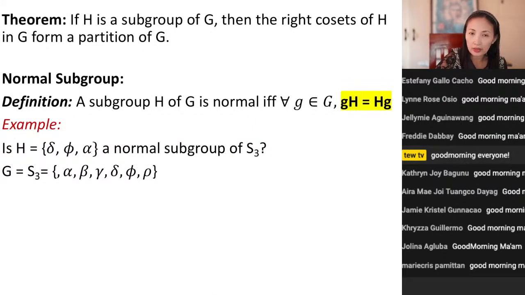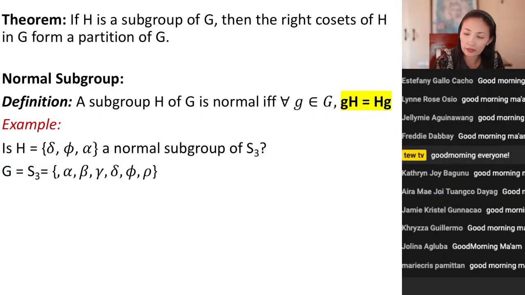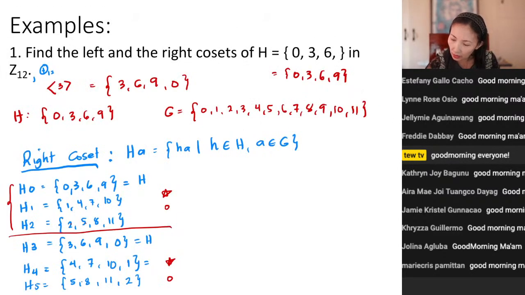Here is a theorem about the partition of G. If H is a subgroup of G, then the right cosets of H in G form a partition of G. For example, going back to the first example, these are the right cosets.